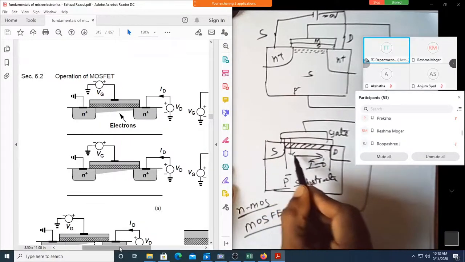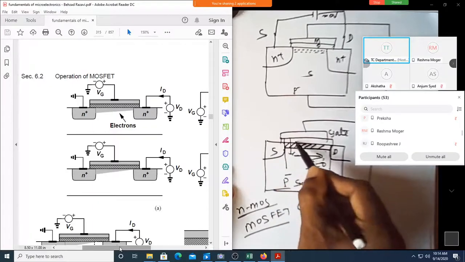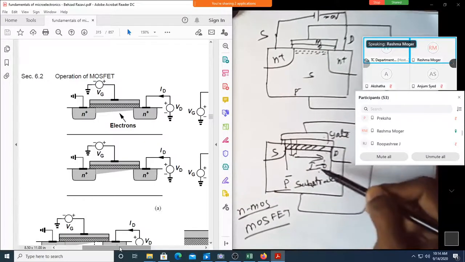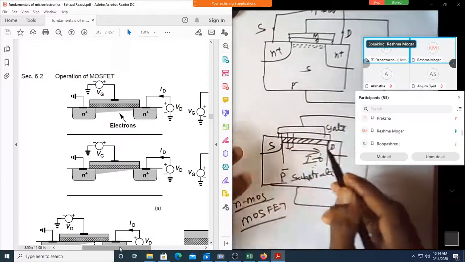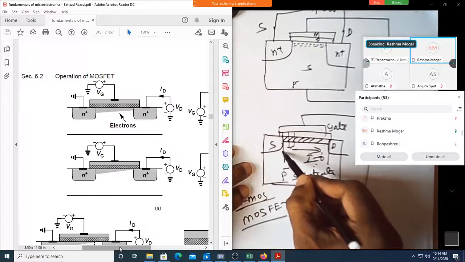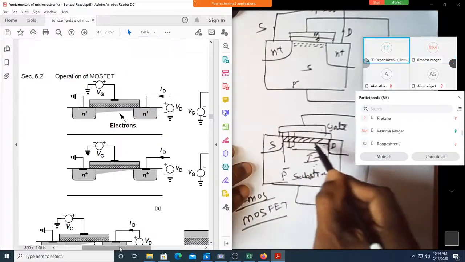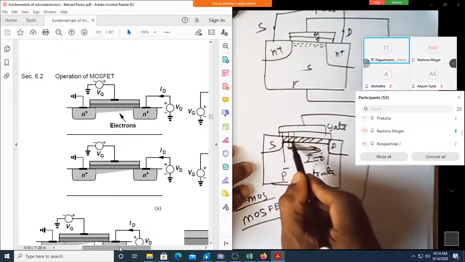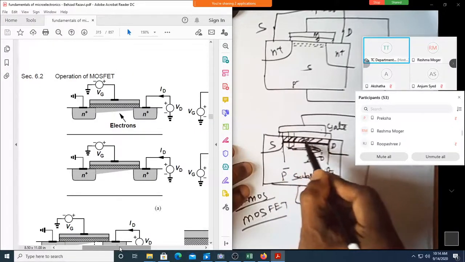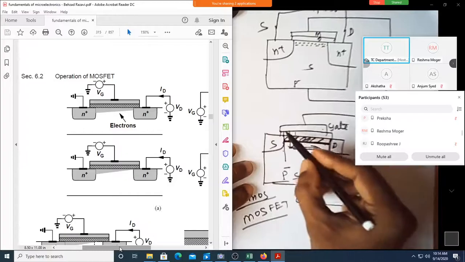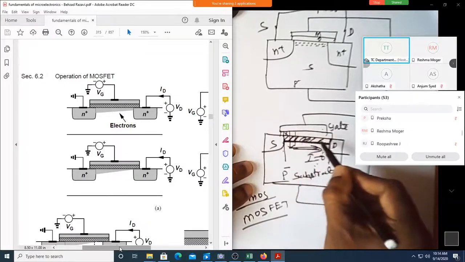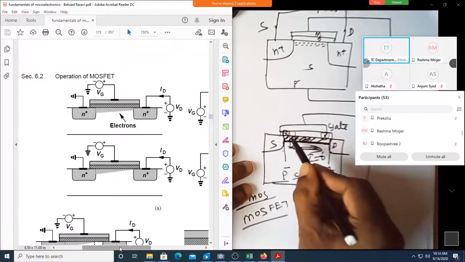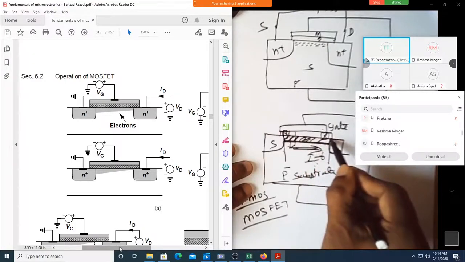Whenever the current flowing through this channel is 0, we have the same electric field between gate and the substrate.